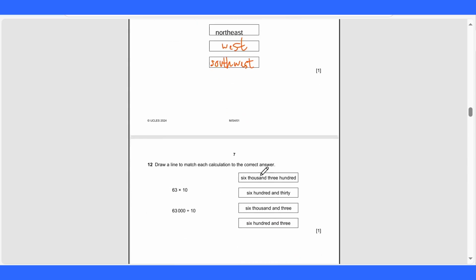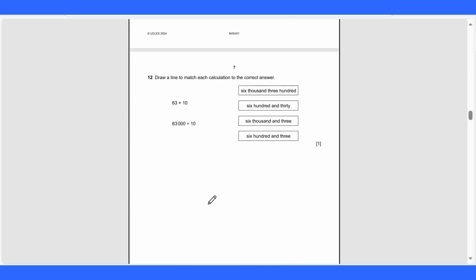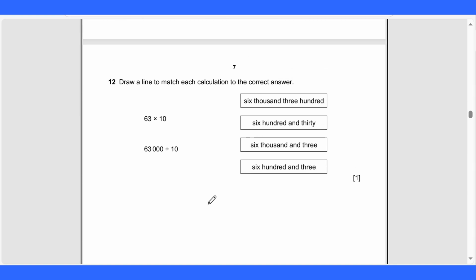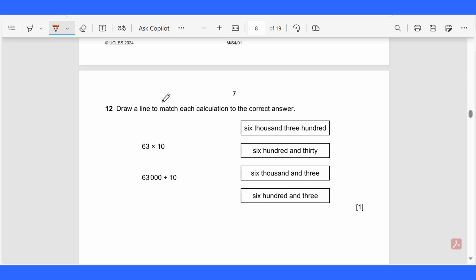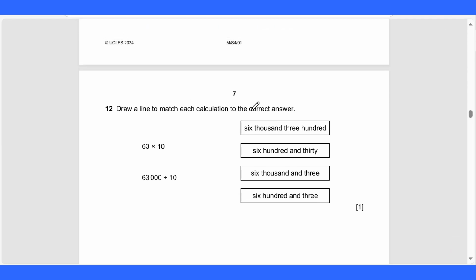Now we are in question 12. Draw a line to match each calculation to the correct answer. 63 times 10, which one is that? 63,000 divided by 10.